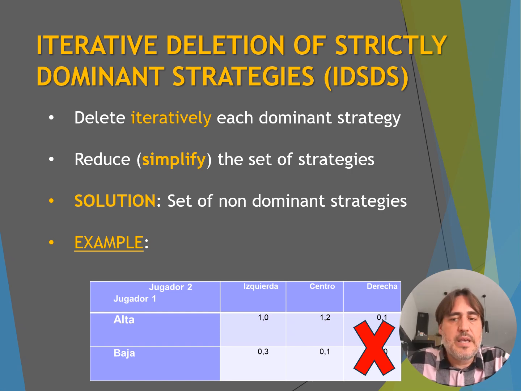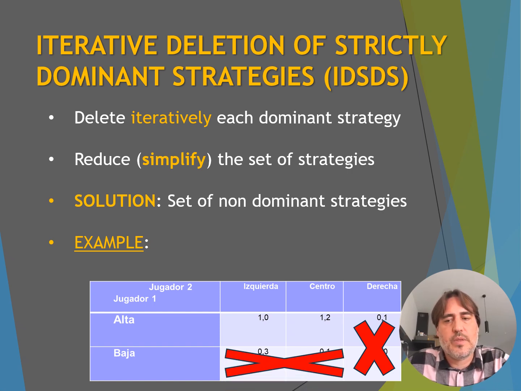If that is the case, the only likely outcomes are that player 1 plays up or down, and player 2 plays left or center. In this situation, the down strategy is strictly dominated by up for player 1. Thus, the row player will not play down. We have also assumed that everyone knows that all players are rational.